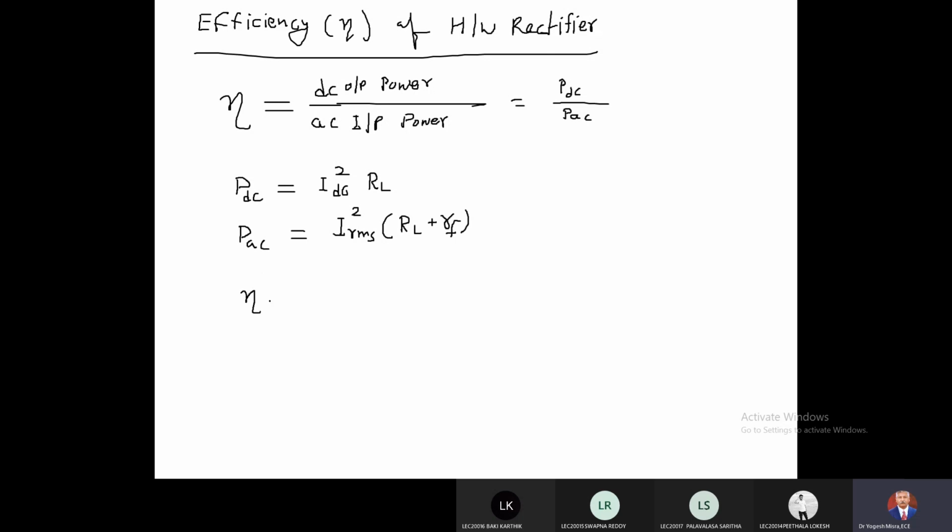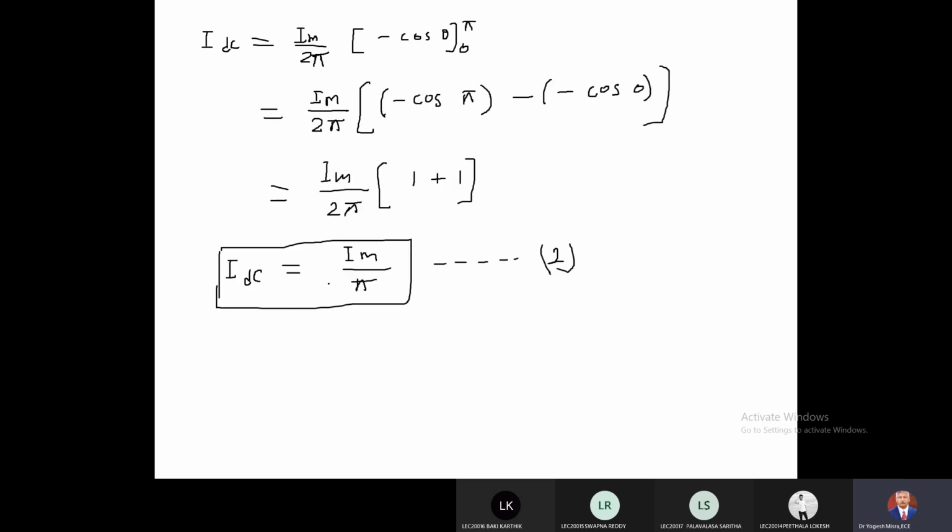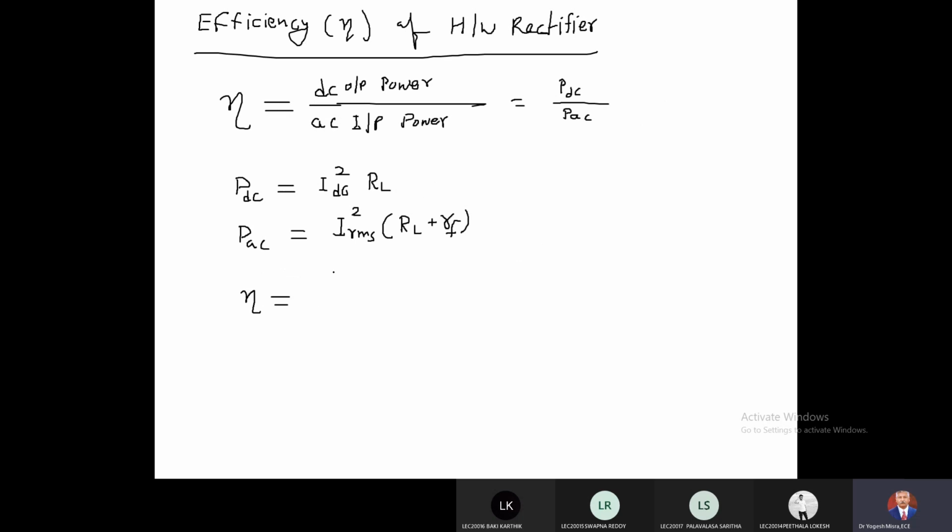So we will get eta is equal to IDC square upon PAC. IDC is Im by pi, already we have seen. So IDC square will be Im by pi whole square multiplied by RL, and PAC is IRMS square.